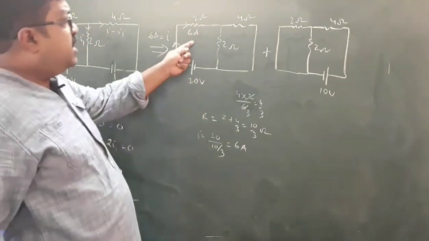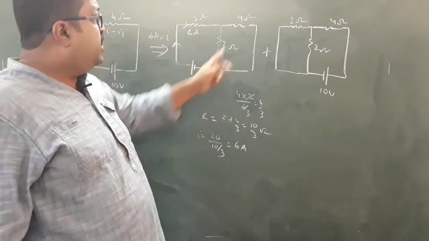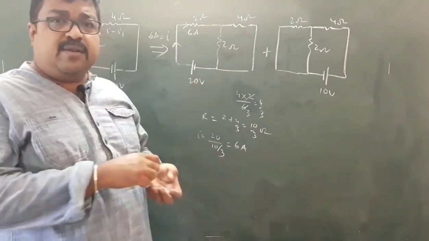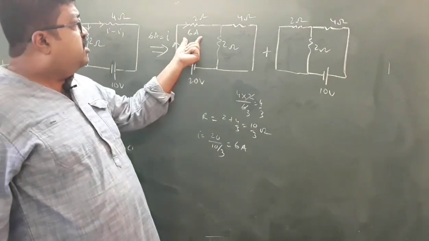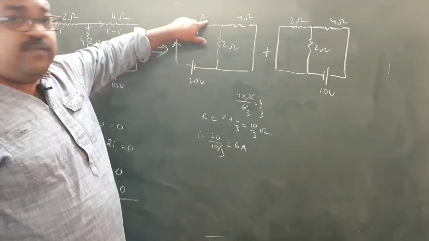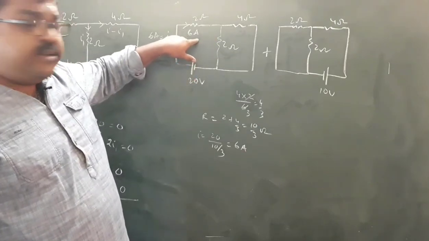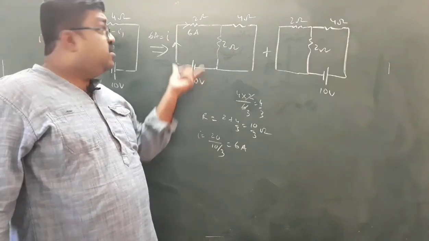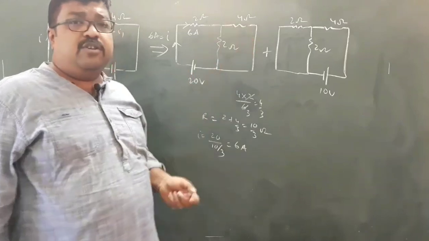Okay, now this 6 ampere current is getting divided into these two resistors. Now they are in parallel. So since they are in parallel, how much is the potential drop across this part? It is 12 volt. This is 20. Okay, 12 volt is dropped across here. So if 12 volt is dropped across this 2 ohm resistor, that means across this the potential drop will be how much?